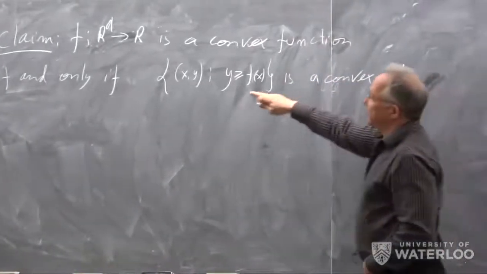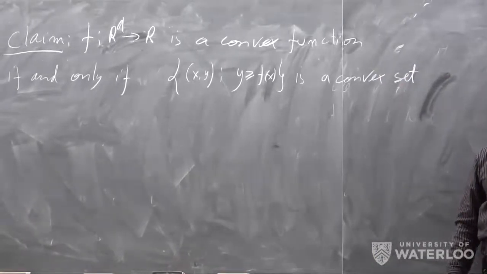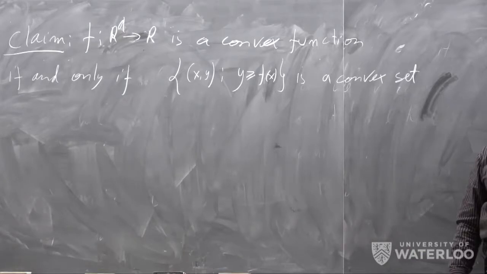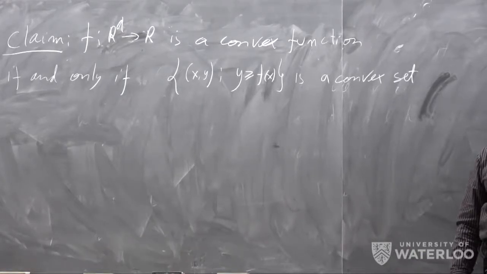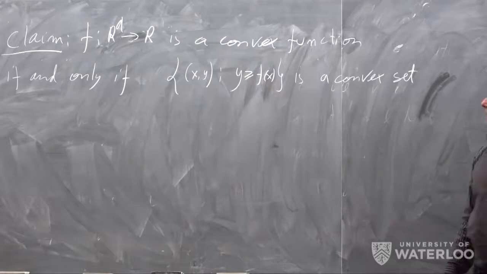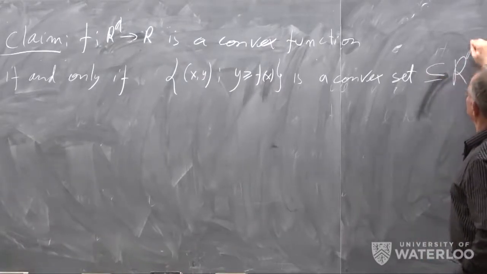Where does this set live? In which space does it live? x is a vector in Rd, y is a number, so this is in Rd plus 1.